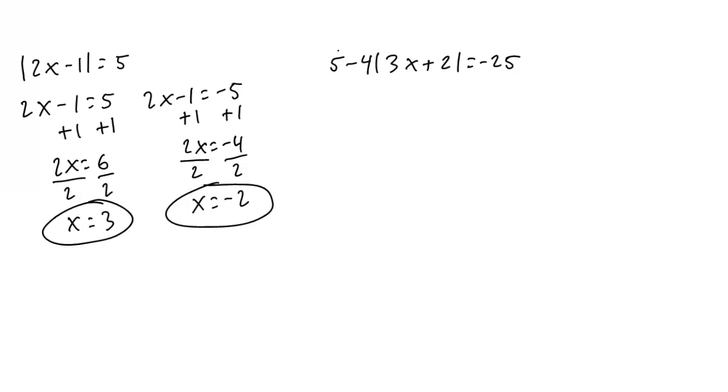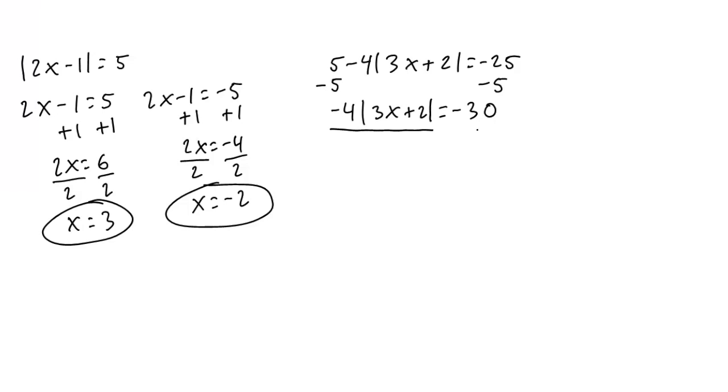This 5 is being added to the negative 4 times the absolute value, so we need to get rid of this 5 first. So let's subtract 5 from both sides. And that's going to give us negative 4 times the absolute value of 3x plus 2. That stays exactly the way it was, equals negative 30.